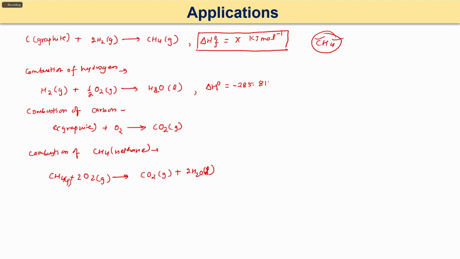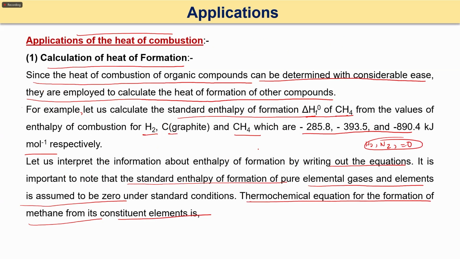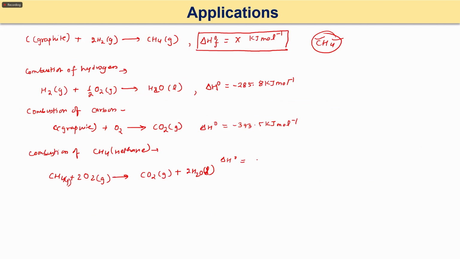For carbon it is minus 393.5 kilojoule per mole, and the heat of combustion for methane is minus 890.4 kilojoule per mole.